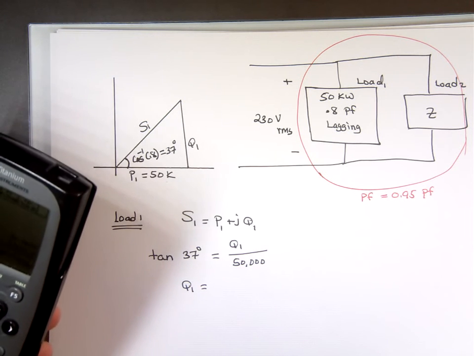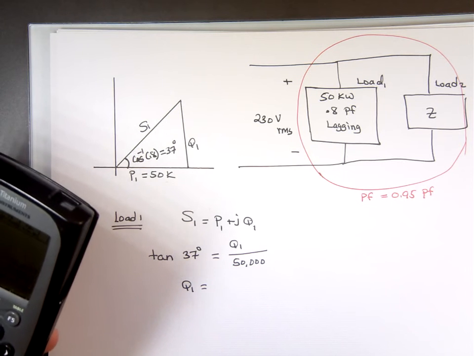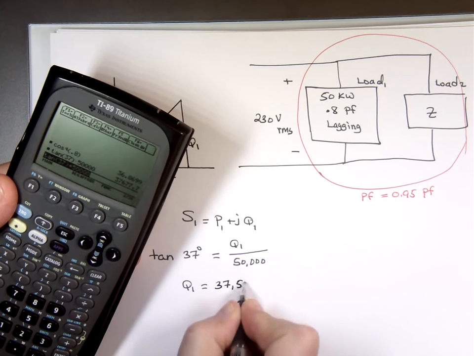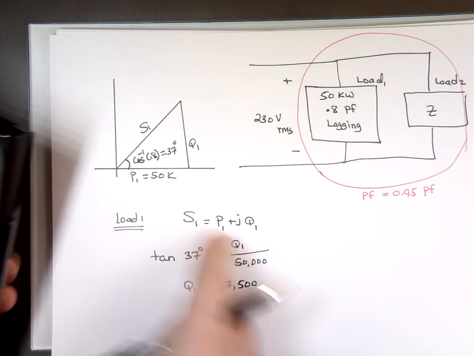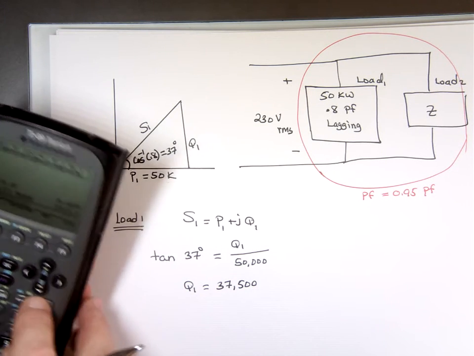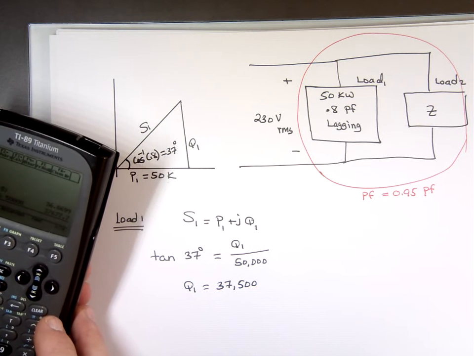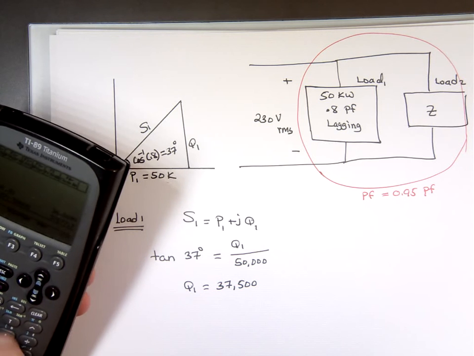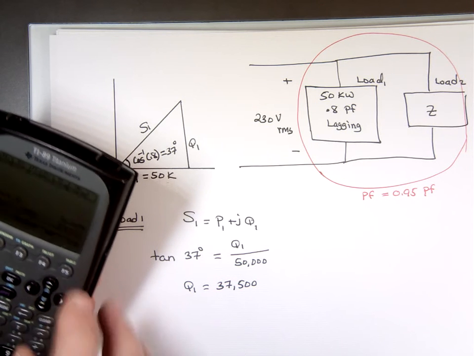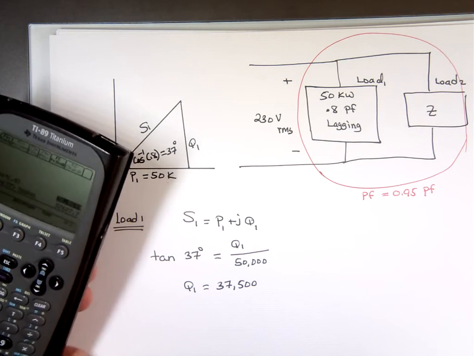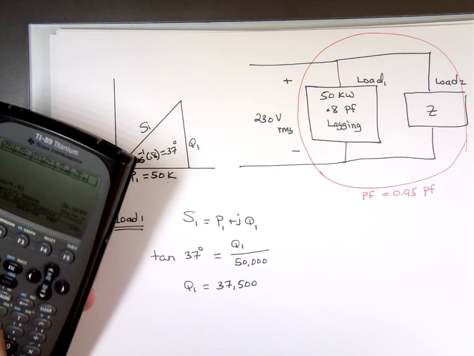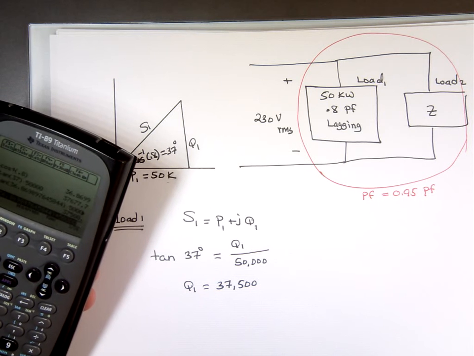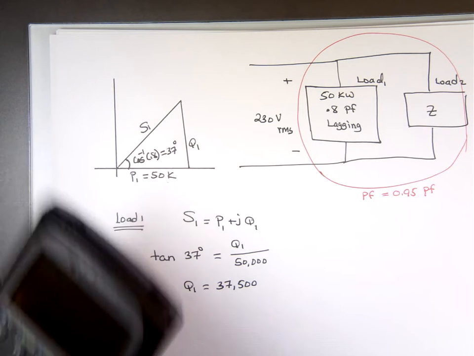Roughly 37.5 kilo. If you carry all the numbers from the previous one, instead of just 37 degrees, if you use 36.8699, let's see what the exact number is. Tangent of that angle times 50,000: 37,500 on the money, if you carry all the digits.